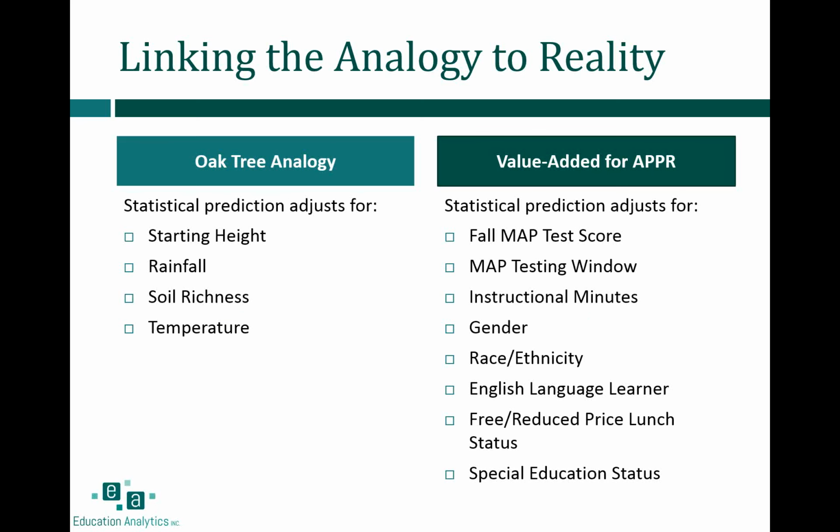In the oak tree analogy, our statistical prediction adjusted for the starting height of each tree, as well as rainfall, soil richness, and temperature, those environmental factors that the gardener had no control over.